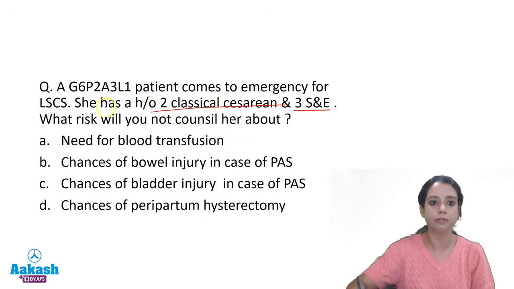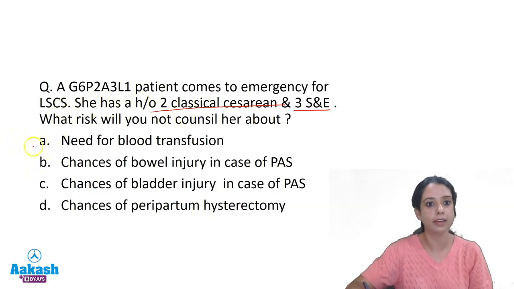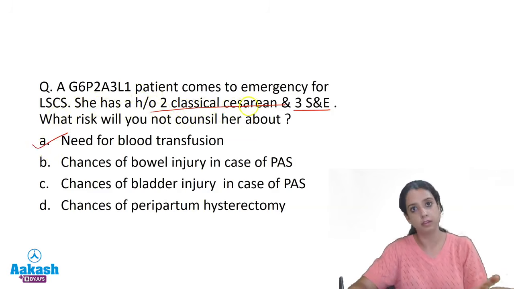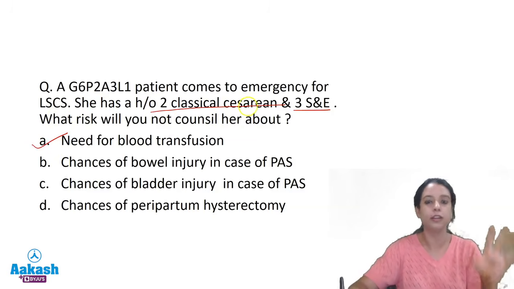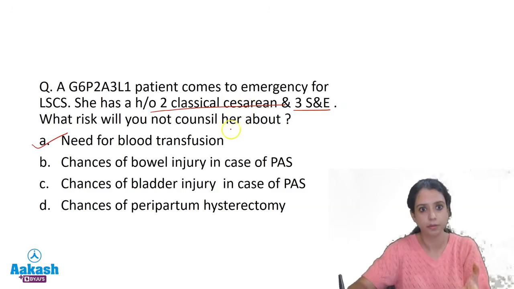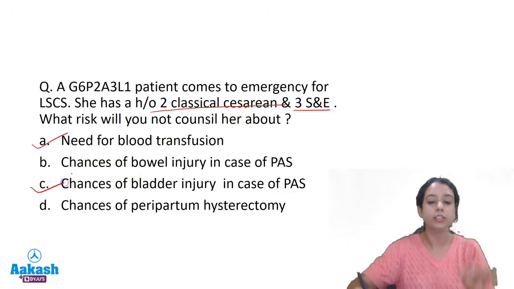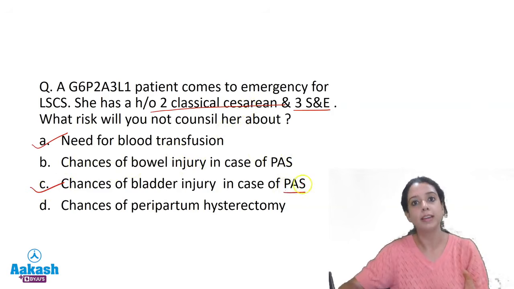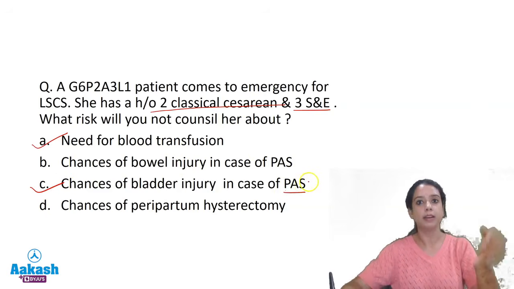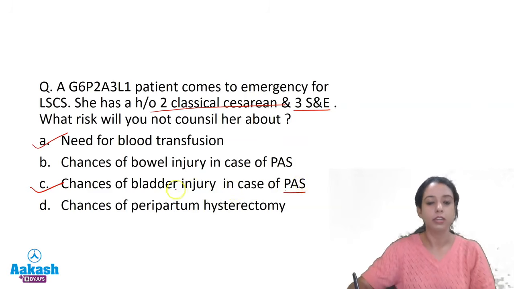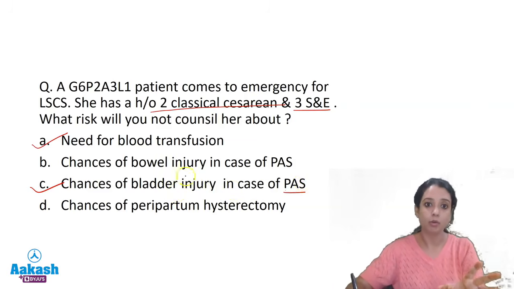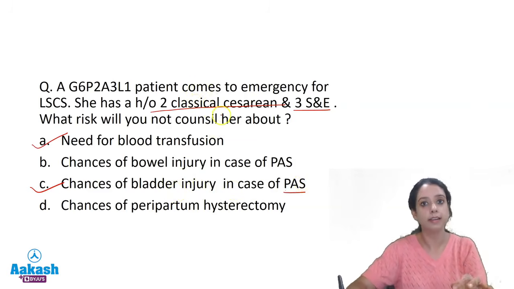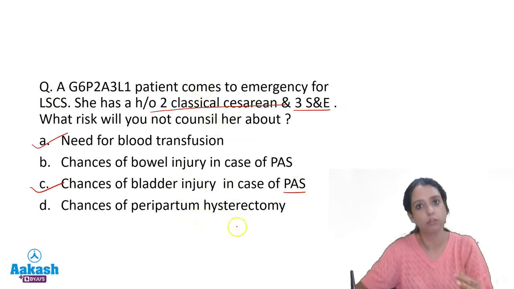Will she need blood transfusion? Definitely she can need blood transfusion because she had a history of 2 classical cesareans. There might be a lot of adhesions. She can definitely go into PPH. It's a risk factor for PPH. Chances of bladder injury are very high, especially with PAS. What is PAS? Placenta accreta spectrum, meaning placenta accreta, increta and percreta are all included. Definitely it can happen because she has 2 classical cesareans, and the most common site of invasion is into the bladder.